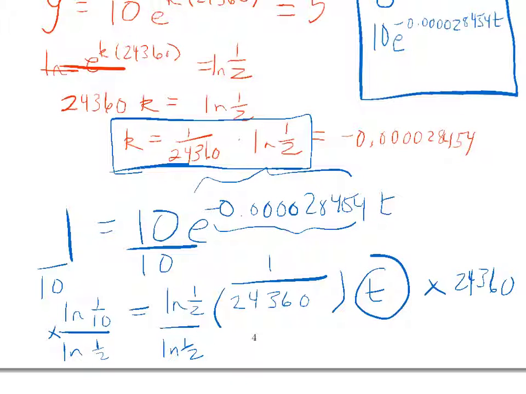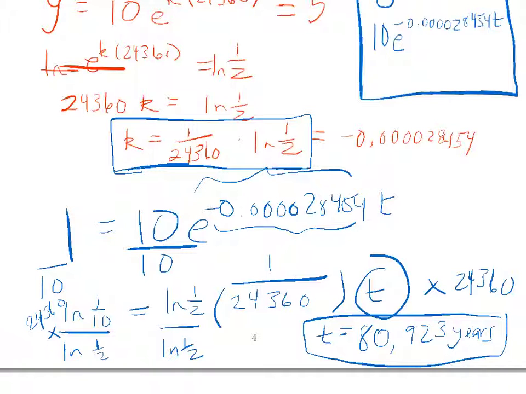You could leave it as a decimal. Do that all out and solve for t. You get 80,923 years. That's a long time.